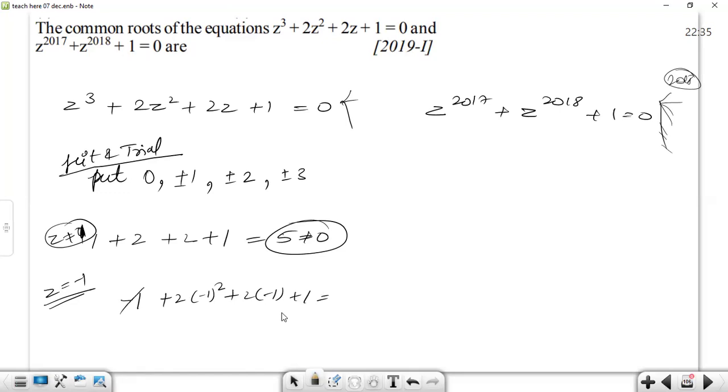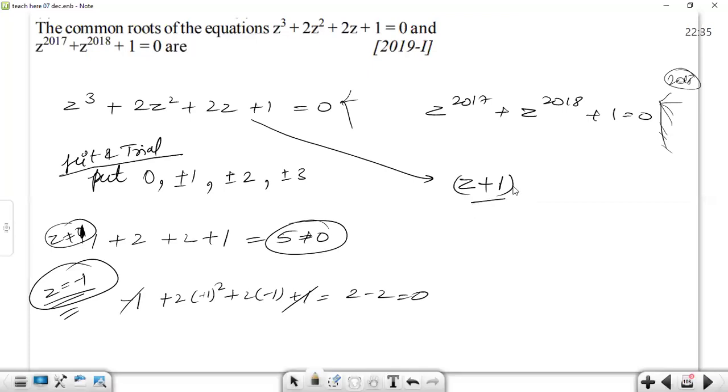So this becomes 0. So we have one root, z = minus 1, and z plus 1 is one factor of this equation.